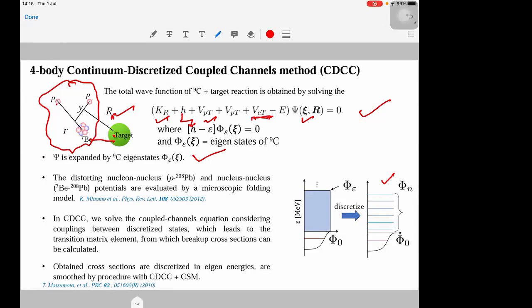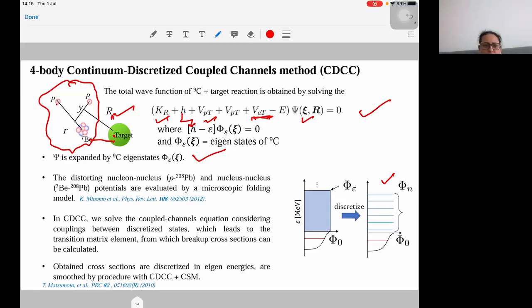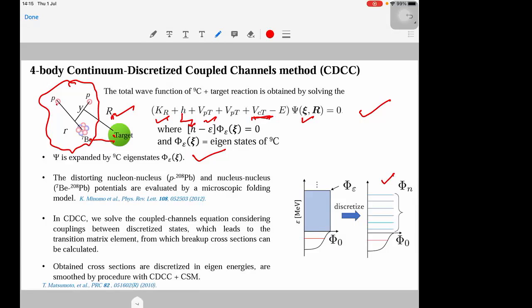We make use of the distorting nucleus-nucleus potentials, which are evaluated by the microscopic folding model. For the nucleon potential, we make use of the Melbourne G-matrix interaction, and for the 7beryllium and lead targets, the Hartree-Fock wave functions based on the Gogny D1S interaction are adopted.